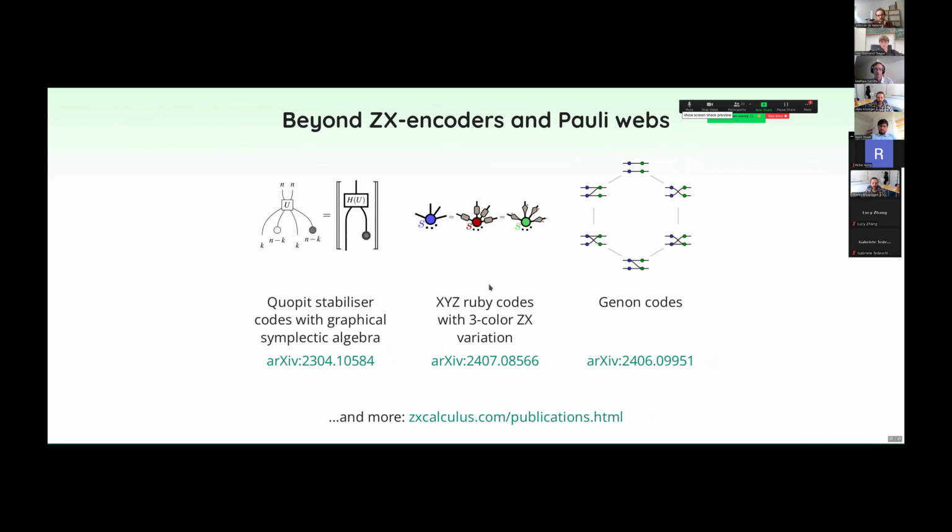There's some trichromatic variations of ZX for looking at different kinds of codes, and more exotic topological things like these genome codes. Okay, and you can see now there's probably something like 20 or so papers really about error correcting codes in ZX on the ZX website, which are all worth a look.